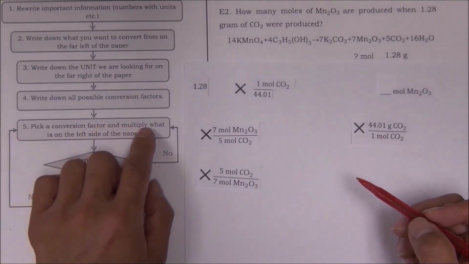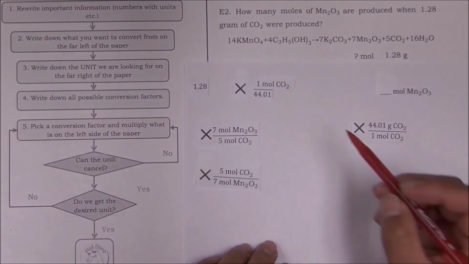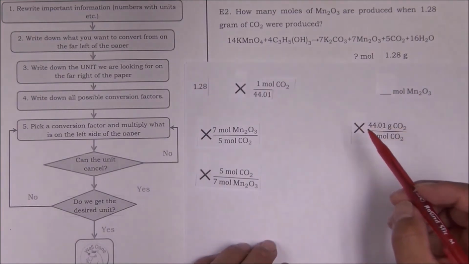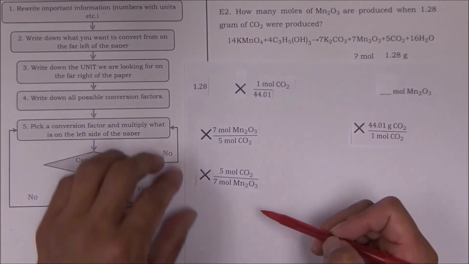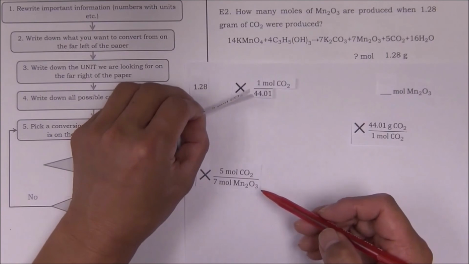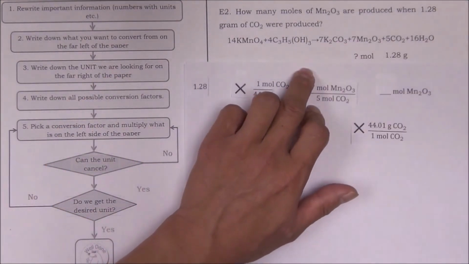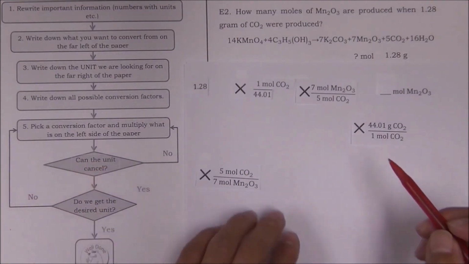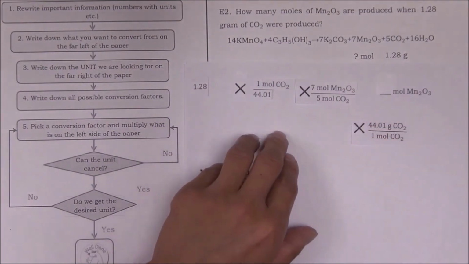We go back to step 5. Pick a conversion factor and multiply what is on the left side of the paper. We want to cancel mole carbon dioxide, so we need a conversion factor that has mole carbon dioxide as the denominator. This one should work. Can the unit cancel? Mole carbon dioxide and mole carbon dioxide.